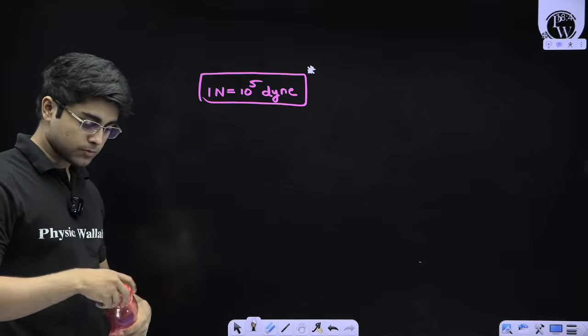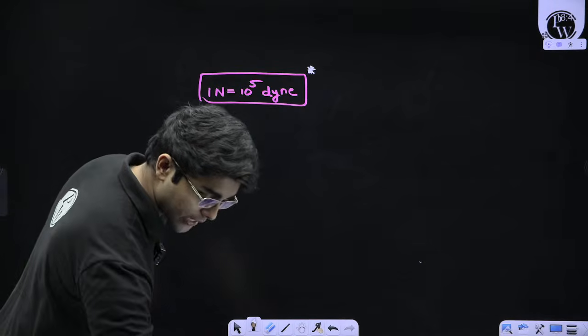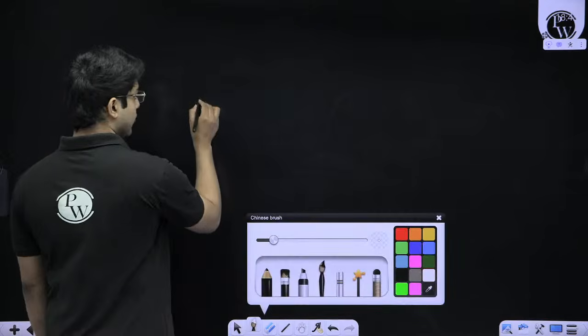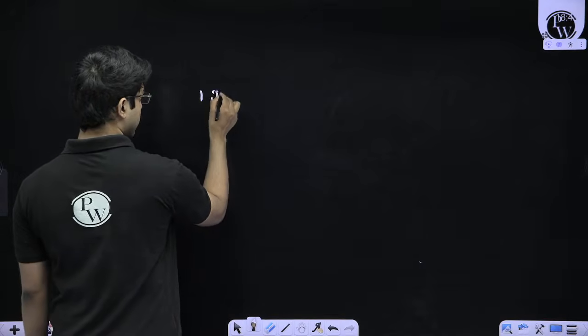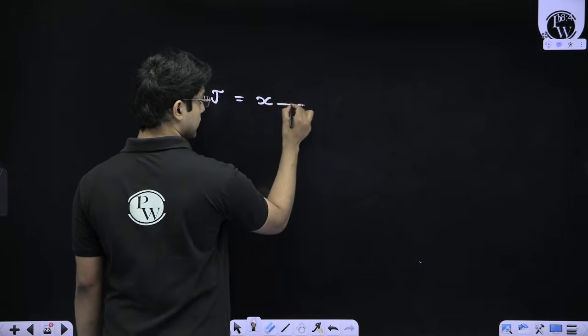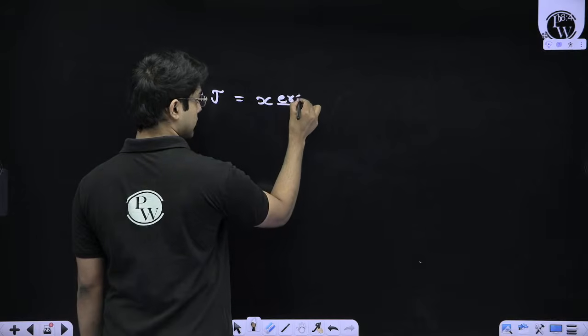Now there is also another unit for energy. This you guys try out as homework. So energy's unit is 1 joule, right? This you have to convert into this new unit called erg.